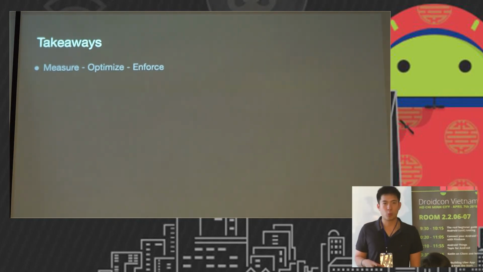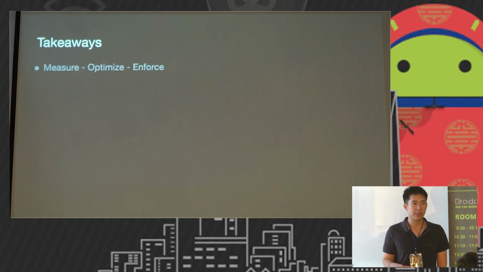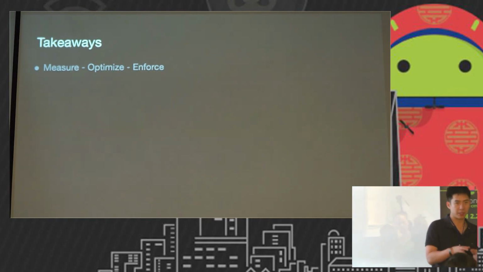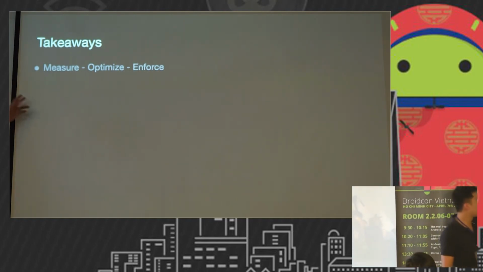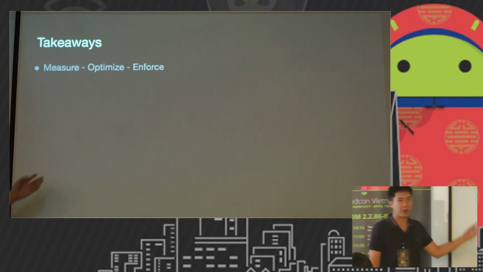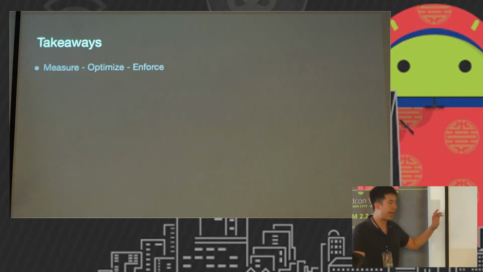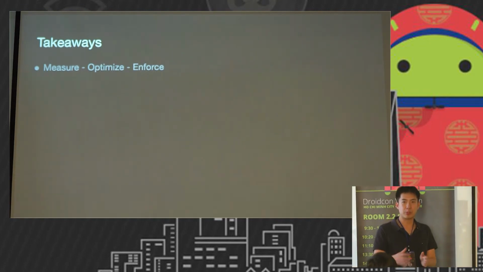We have worked with other companies in this space, and we all seem to converge on this idea as the right idea for performance improvement. And of course, for a particular case, the measurement or the optimization or even the enforcement might look very different from what I have shown here. But the idea is that we should have all these three phases.